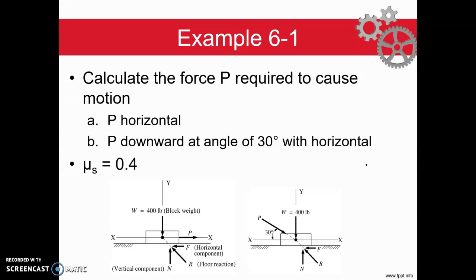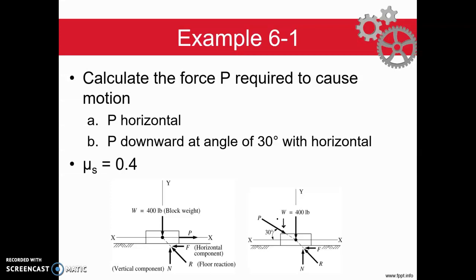Now, the thing to keep in mind here is that in our first example, where the weight is acting straight down, the normal force pushes straight back up. That's fairly easy to calculate. But when we introduce forces like here in this example, where we are pushing down at an angle of 30 degrees, what you have to keep in mind is we have the weight going down.